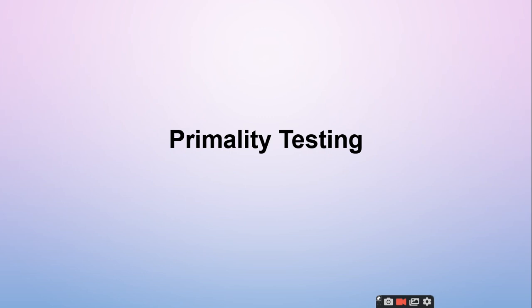So in the last session we discussed the concept of primality testing, where we have a lot of algorithms which are used to check whether a given number is prime or not, right? So we have two types of primality testing.